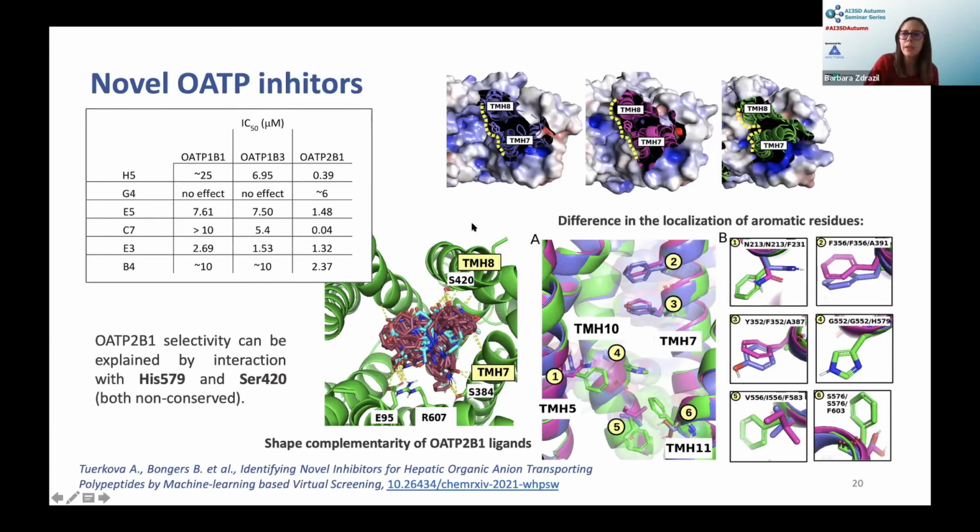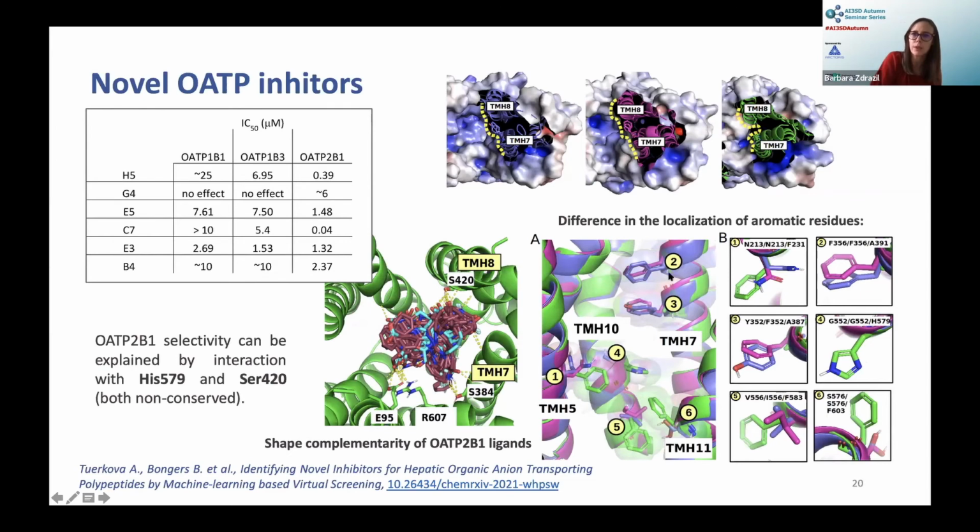So looking closely at the binding sites, we found out what you can see here in picture A, that it seems that the aromatic residues are differently located in the binding site. So the green structure is OATP-2B1. You see aromats are more in the central cavity, which means the ligands are usually sitting above this, especially this residue histidine 579.